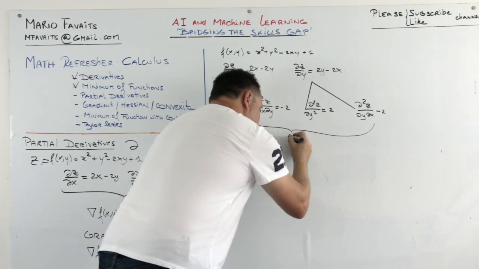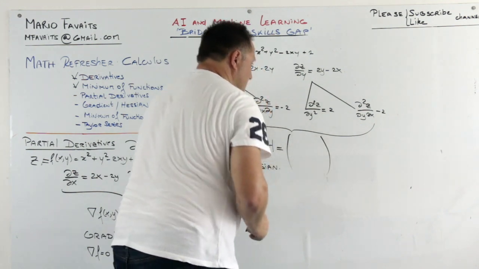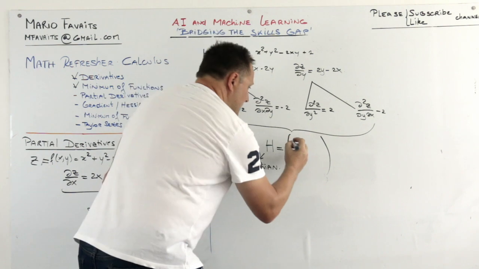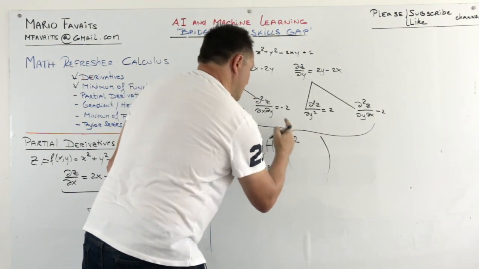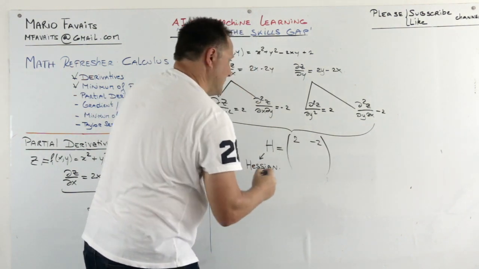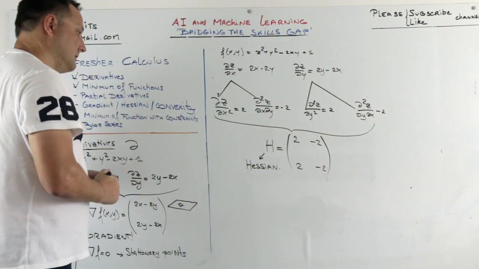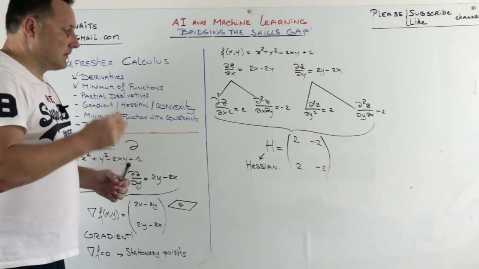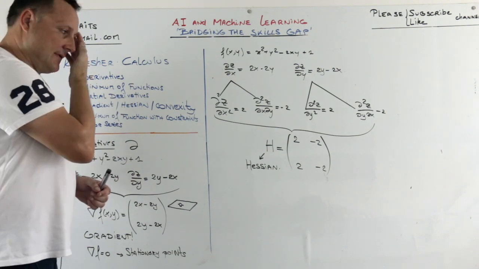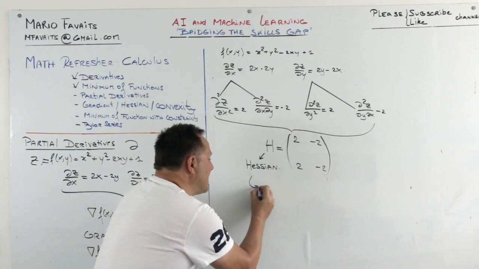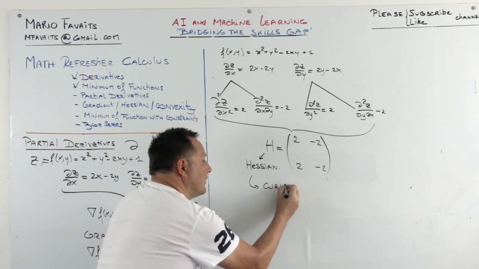It's actually the matrix of the four second order derivatives: 2, minus 2, minus 2, 2. This we call the Hessian. Now, the Hessian tells us something about the curvature of a function.